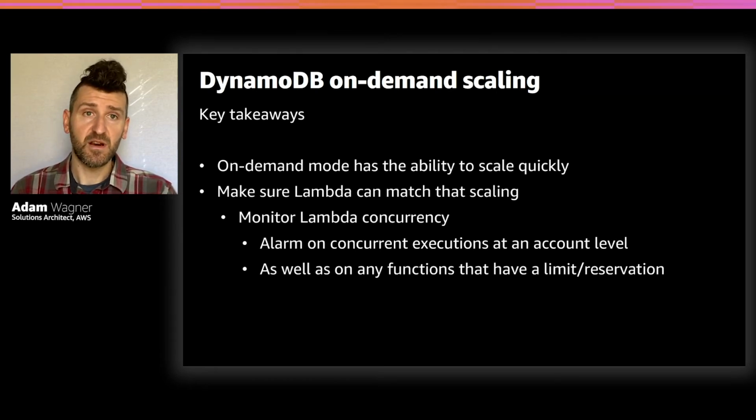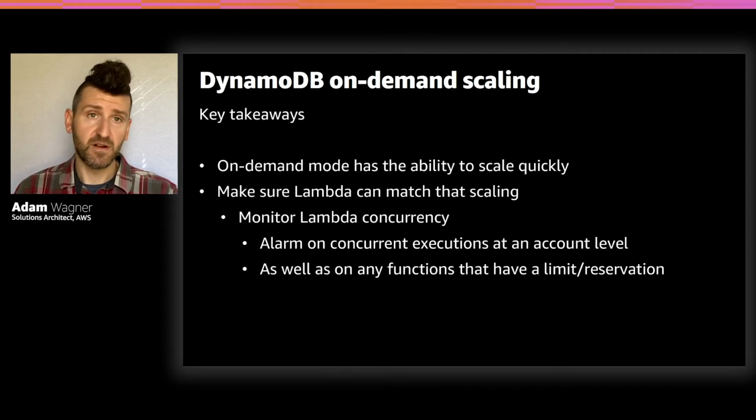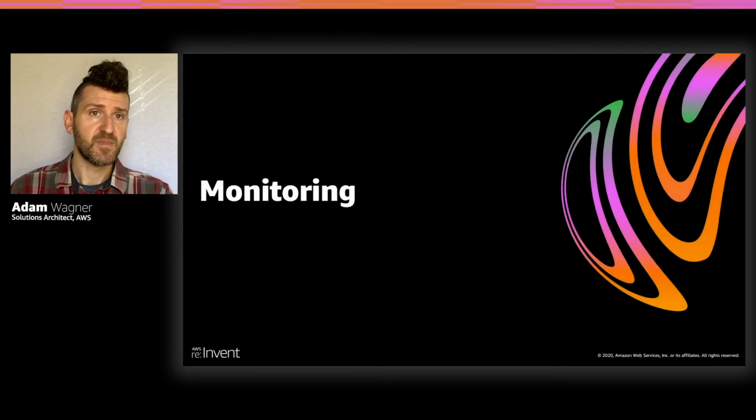So set some alarms on Lambda concurrency at the account level. Look at this on the account level, and also for any individual functions where you have those limits set, those reservations set as well. All right, so let's talk a bit about monitoring.